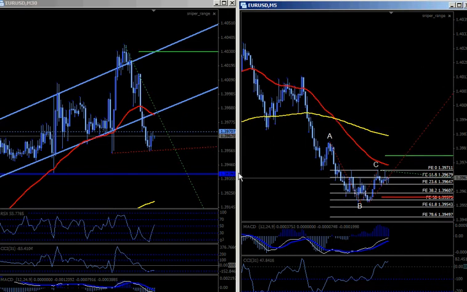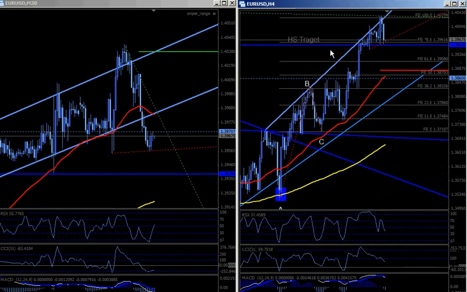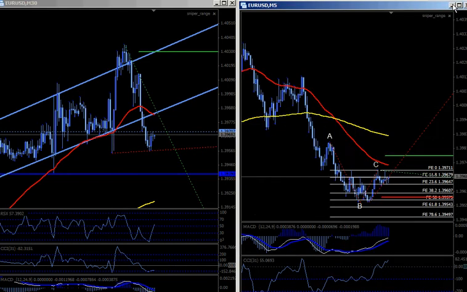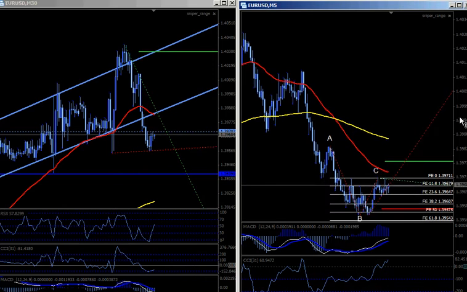There's some resistances at 39.53, which is the 4 hour support here. 39.39. Let me see here. I think it was 39.18 to 02 with another support. That's around the 200 EMA on the 30-minute chart.